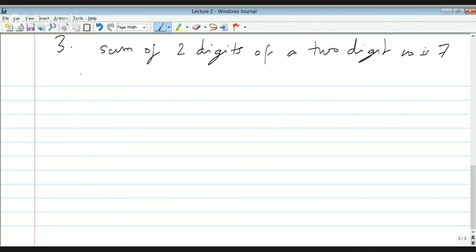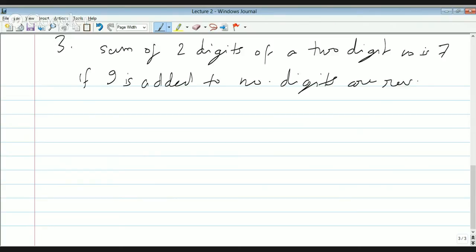Second is, if 9 is added to the number, the digits are reversed. So I'm just explaining the question. Find the number. So basically, the sum of the two digits of a two-digit number is 7. If 9 is added to that number, the digits are exactly reversed.